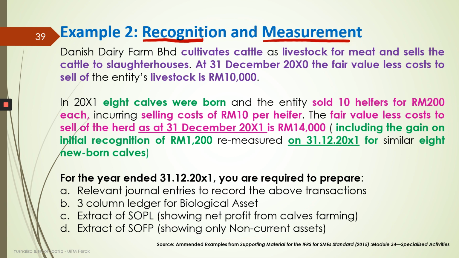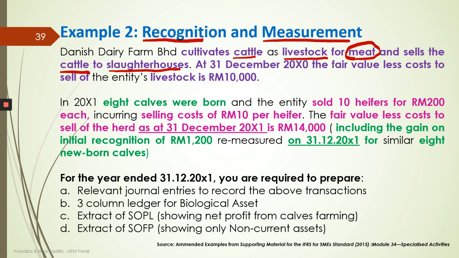We have a company, Danish Dairy Farm Berhad, that cultivates cattle as livestock for meat, and sells the cattle to the slaughterhouse. Apart from selling the meat, they also sell the cattle, so these are the assets that generate future economic benefits.